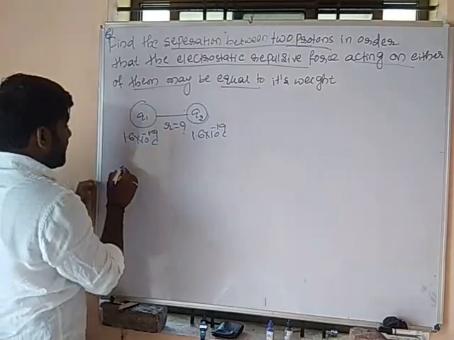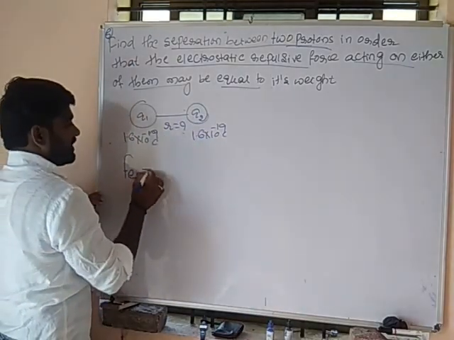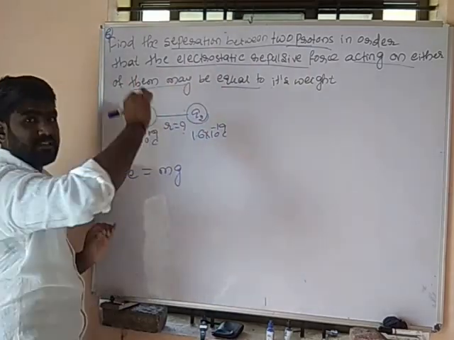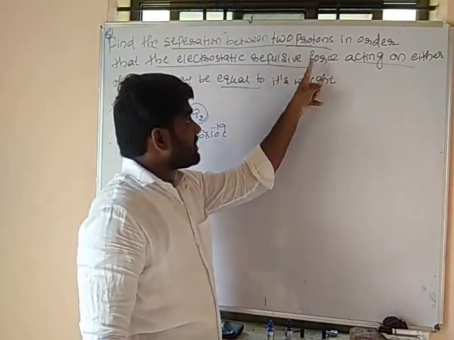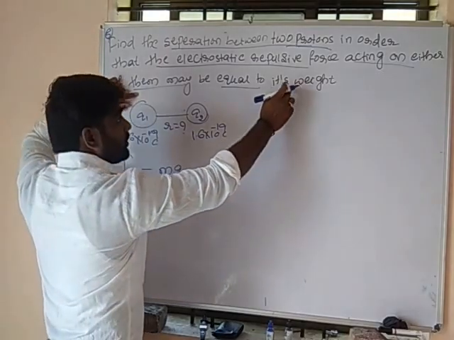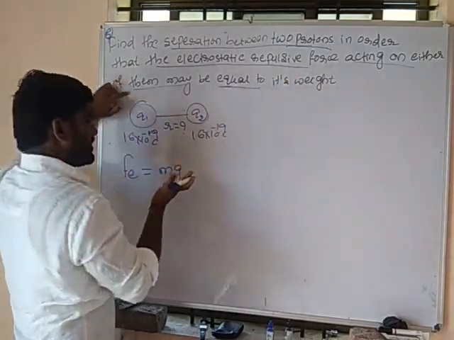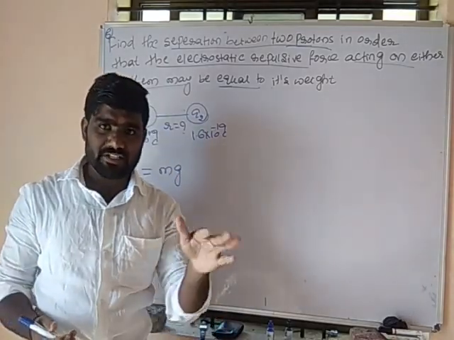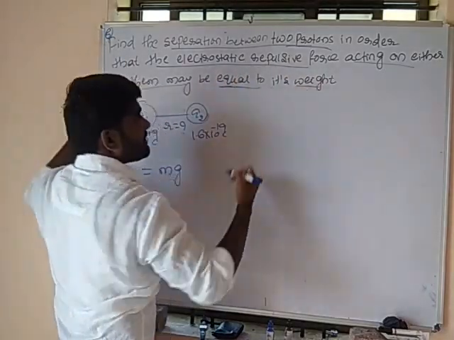So I am writing this: electrostatic force is equal to M into G. Got the point? At this point, the electrostatic repulsive force acting on either of them may be equal to its weight. Equal means what? Electrostatic force is equal to its weight. Weight is equal to what? Weight is equal to mg. So instead of weight, he had told that electrostatic force is equal to its weight.